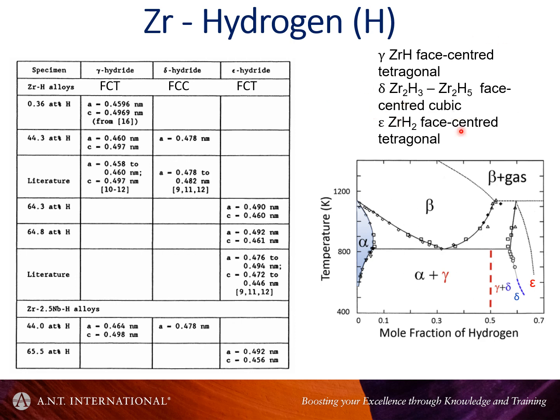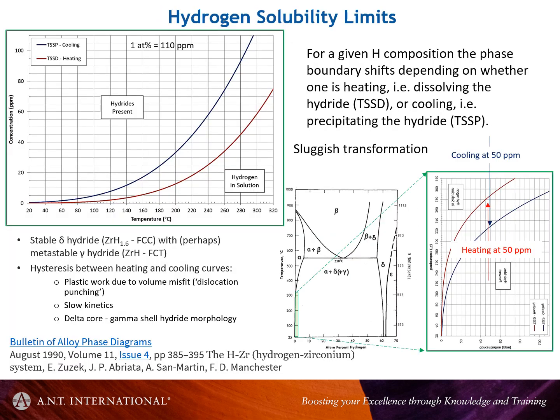So there's been quite a bit of controversy about the hydrogen phase diagram, but what seems to be commonly accepted, certainly for pure zirconium now, is that there are three phases, and these are defined here: the gamma, the delta, and the epsilon phase. One of the peculiarities of hydrogen, just like with the niobium, is this sluggish transformation.